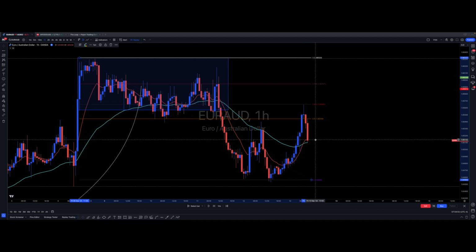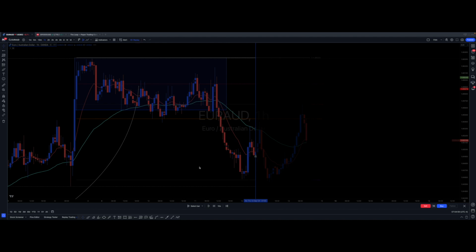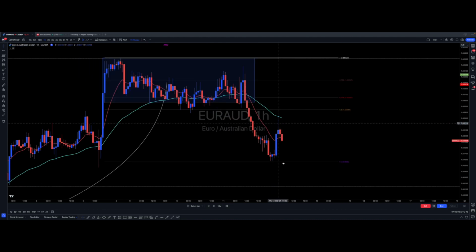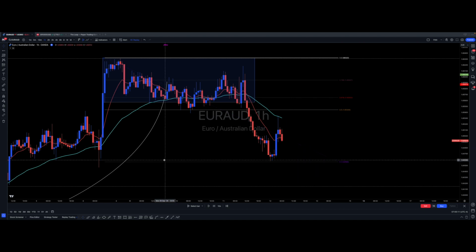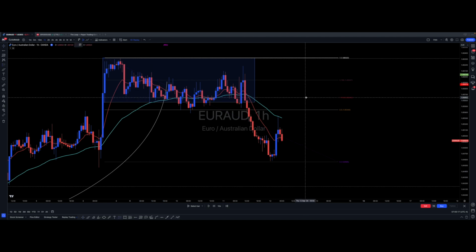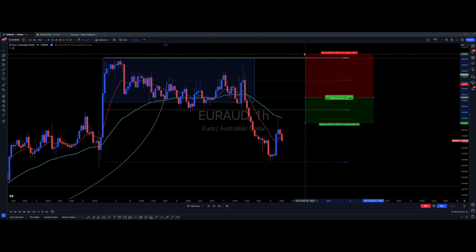So if you basically have a sitting order, let's say we are here, and you see that this is the first major pullback, all you're basically doing is placing a sell limit order, okay? A sell limit sell order. If you're trading the 618, you're going to put it out at the 618. Okay, your stop loss is going to go above the previous peak formation high, which is here.